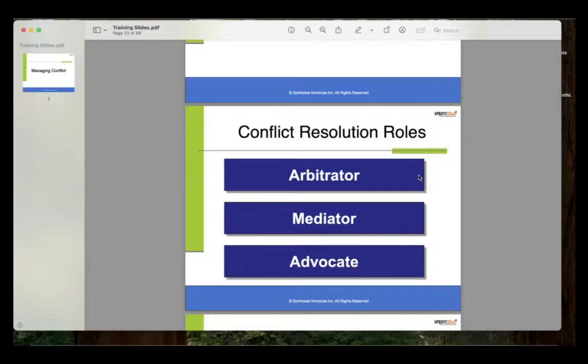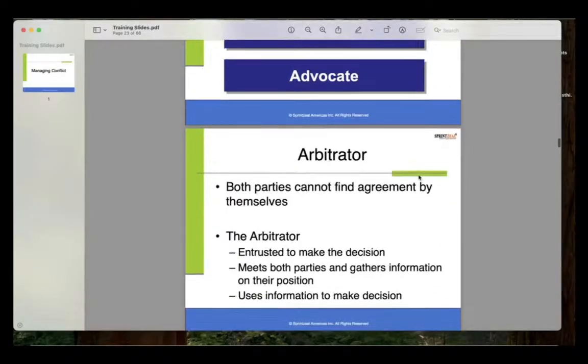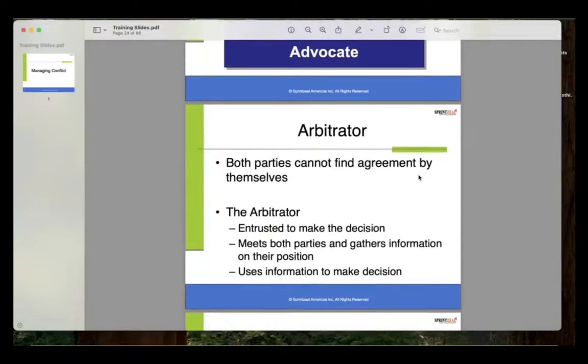The first one is the arbitrator. What do we mean by that? This happens when both parties cannot find agreement by themselves. A third person or a third team has to come into the picture in order to find the agreement between the two.